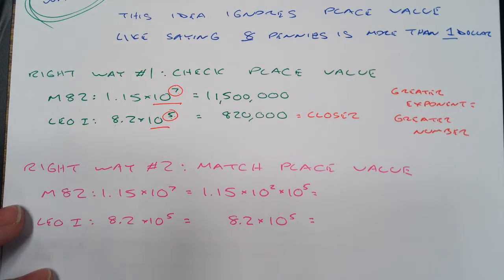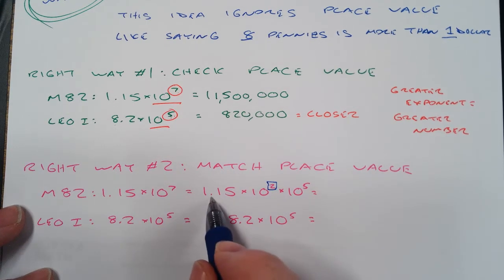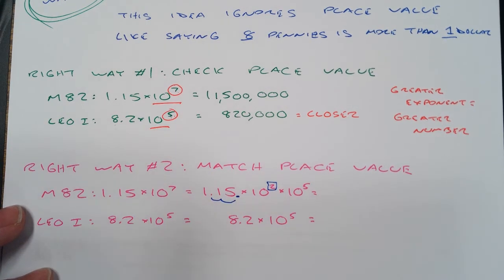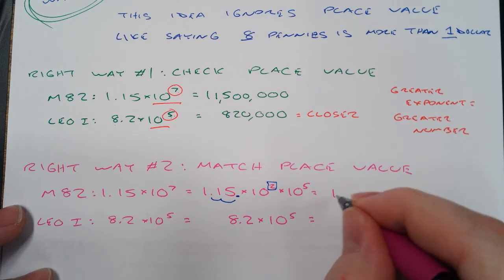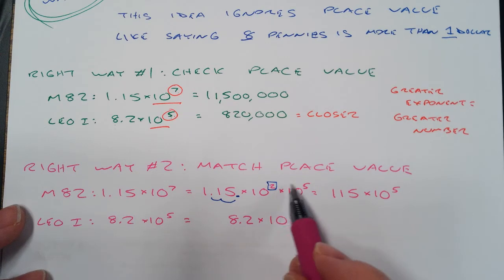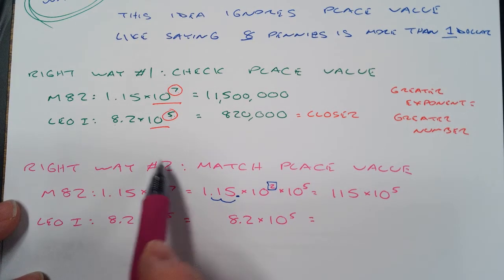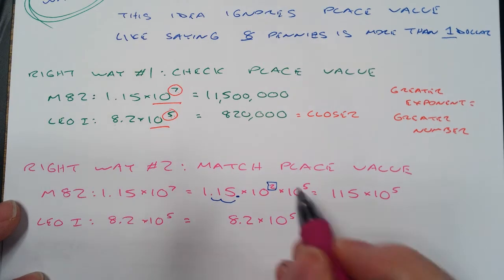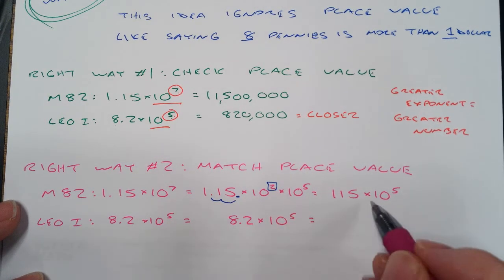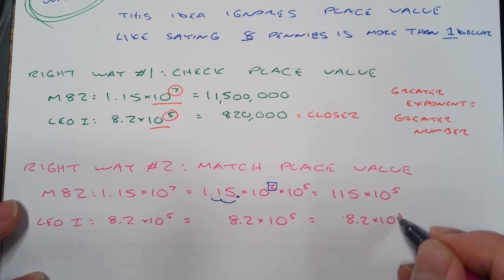And so you've seen me do this before, where the 2 means this place value gets 2 bigger. So we get 115 times 10 to the 5th after I pull out the 2 and combine. So I pull 10 to the 2 out of this one and combine it with this. It moves here, then it moves here, and we get that. And then I get 8.2 times 10 to the 5th.